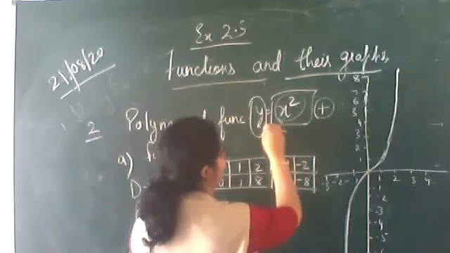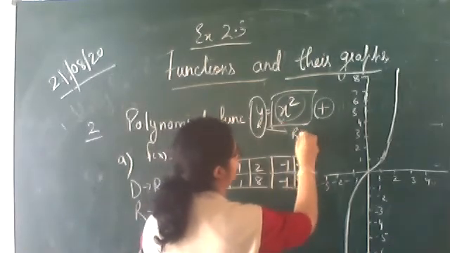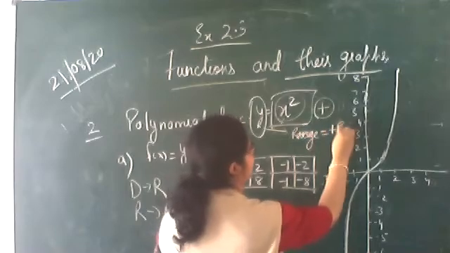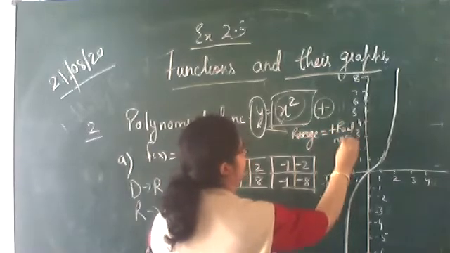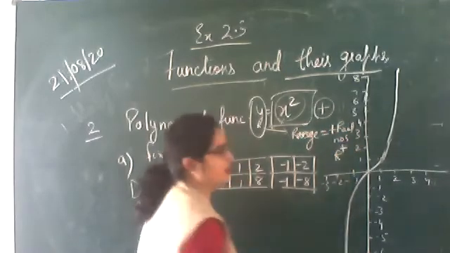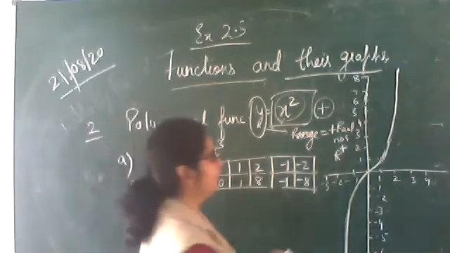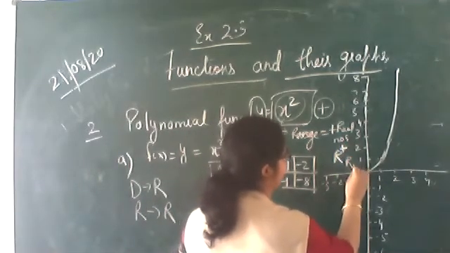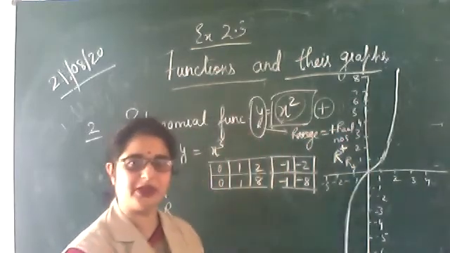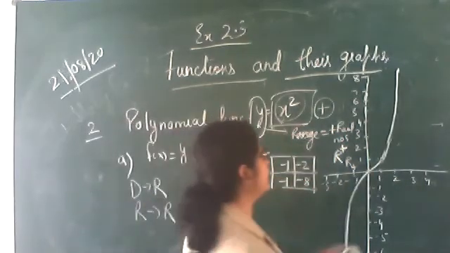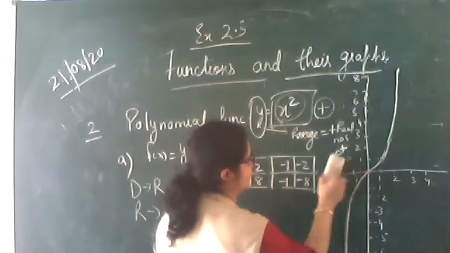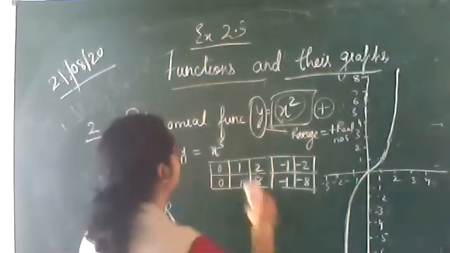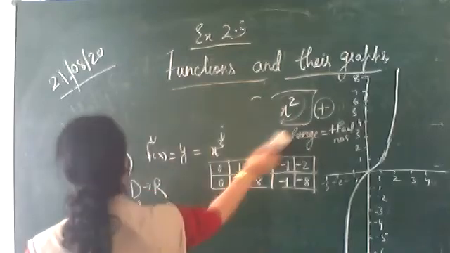So the range of y is equal to x square will be positive real numbers. I have written R positive. Sometimes it is written with R in the subscript or superscript also. Either it is written this way or that way, the answer is the same. Is it clear? Yes, ma'am.